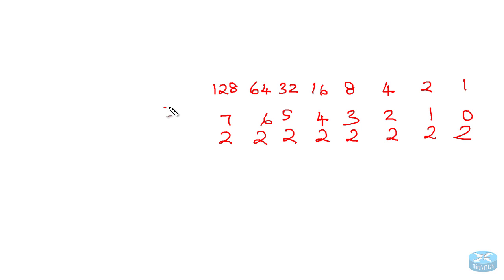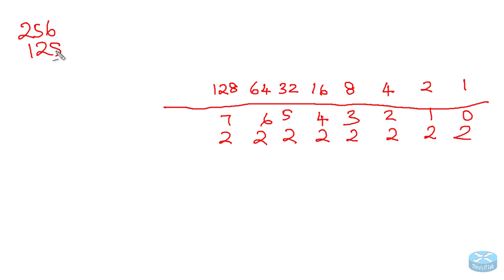Now we need to find the mask value for this. How do you do that? We subtract it from 256. So the mask value for this one, I take off this 128, so 128 here. And the other one is 256 minus 64.